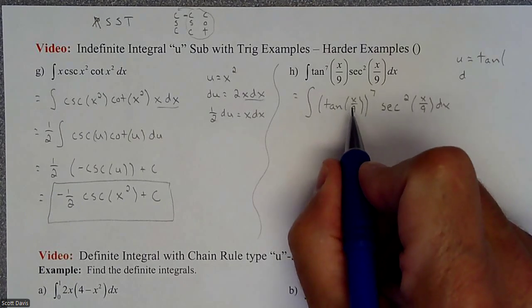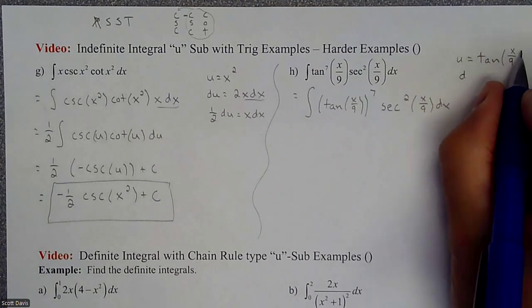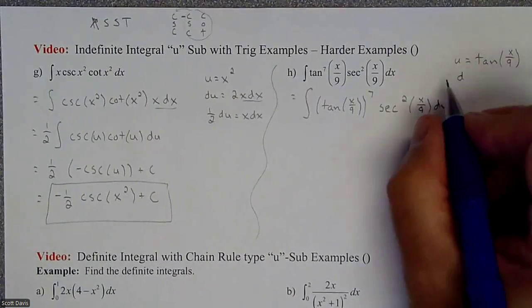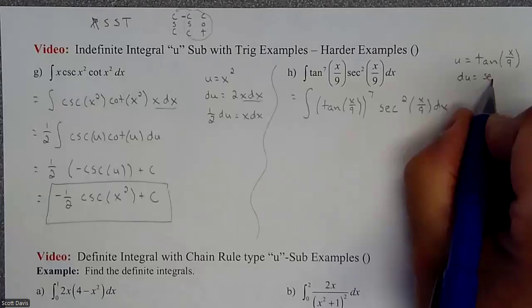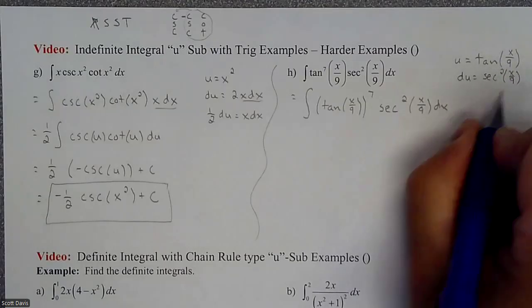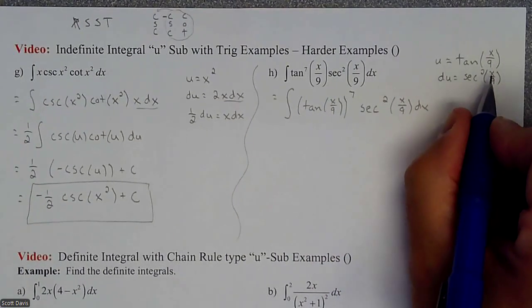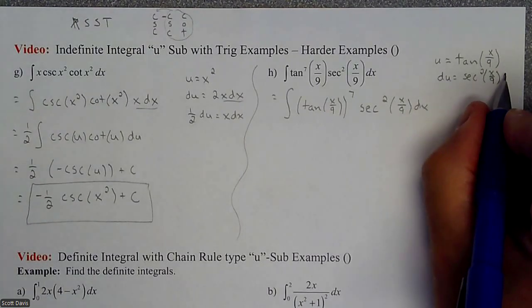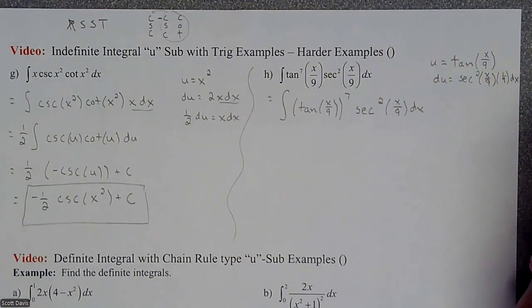Right, so it has its own potential substitution that we got to take into consideration. So if I do this, so tangent of x over 9, my du is secant squared x over 9, which is perfectly that piece, but then you still have this derivative of x over 9, which is going to be 1/9. And I'm like dx tacked on at the end.